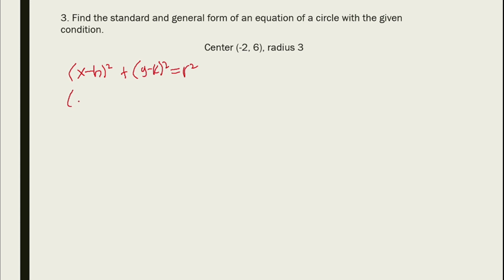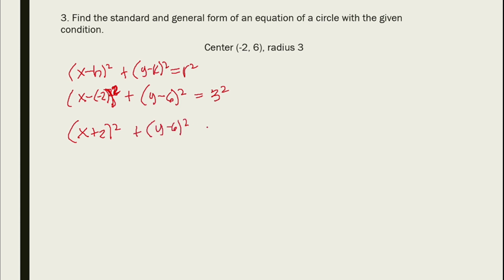So x is x, and h is negative 2, so x plus 2 squared, plus y minus 6 squared, and the radius of 3, 3 squared. Therefore, x plus 2 squared plus y minus 6 squared is equal to 9. So this is the standard form of the equation of the circle.